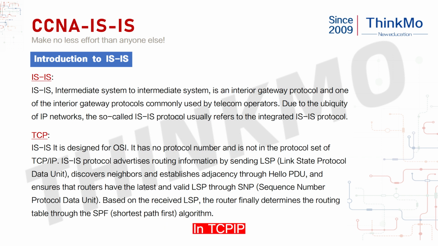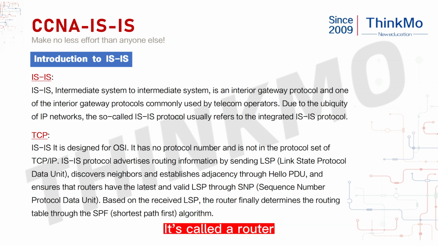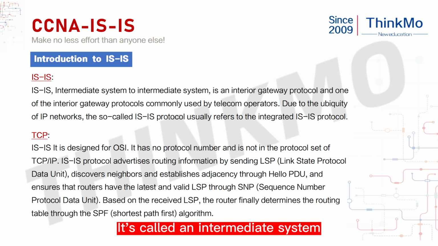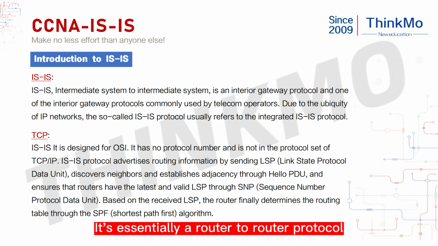In TCP/IP, a device capable of providing routing and addressing is called a router. OSI has a device that does the same thing, called an intermediate system. So the intermediate system protocol is named this way. It's essentially a router-to-router protocol.